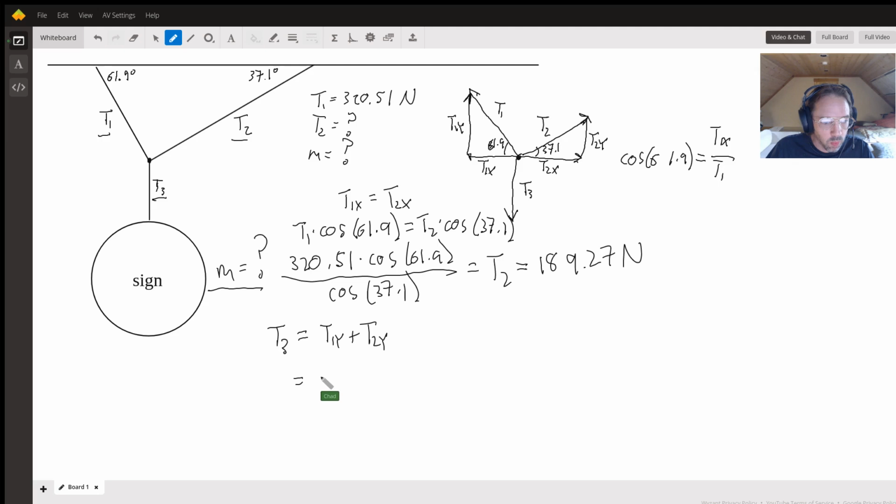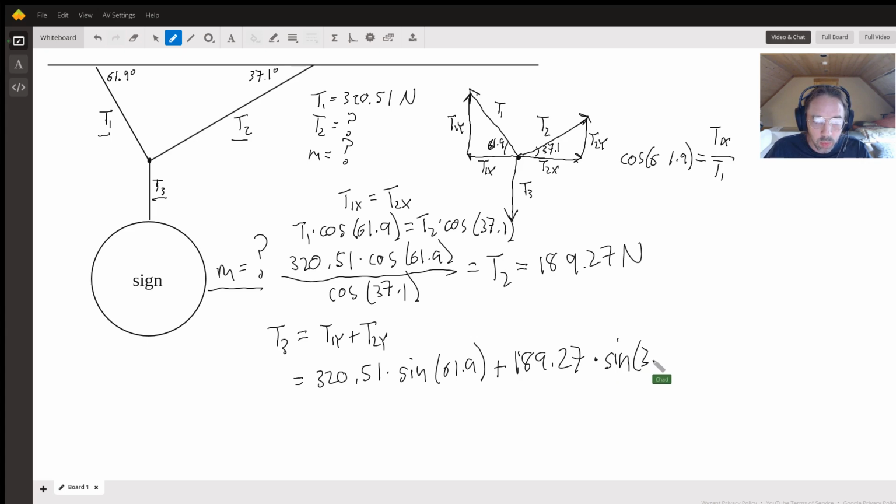So T1y will just be T1 times the sine of the angle, 61.9. T2y will be T2, which we now know is 189.27, times the sine of its angle, 37.1.